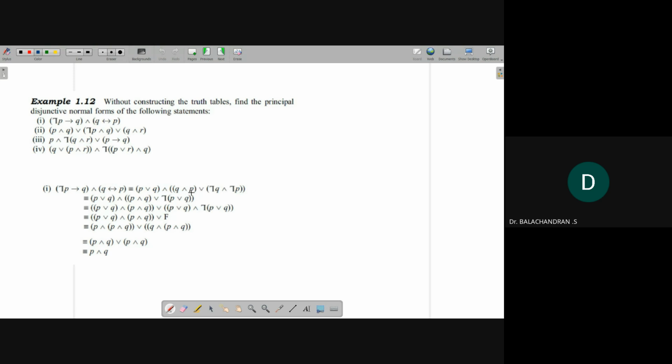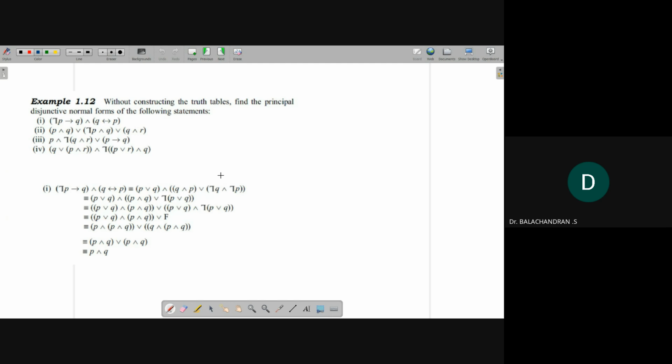One is P and Q or negation P and negation Q. Another one is P or negation Q, and then negation P or Q. I think so.